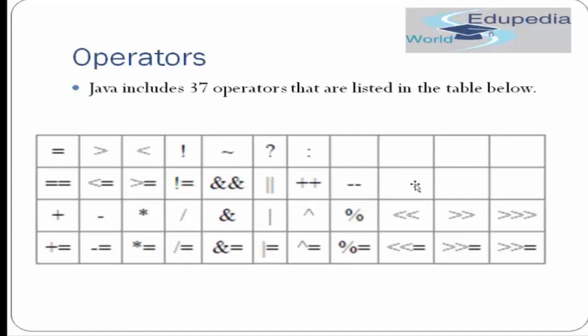So double pipe is used for or and double ampersand is used for and. Then you can also notice the increment and decrement operators over here. Plus plus is for increment and minus minus is for decrement. There are also less than, greater than, and equals to operators. We will be studying the details of each of them in a later tutorial. For now, let's move on.